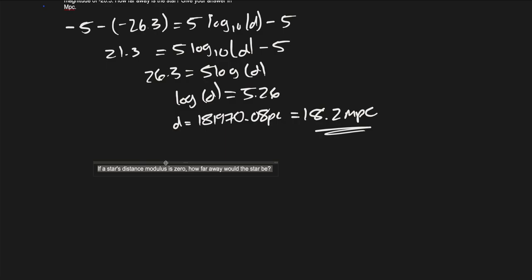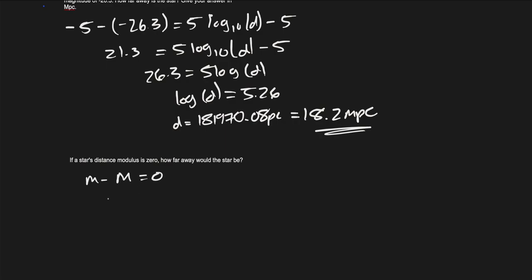If a star's distance modulus is equal to 0, then how far away will the star be? So we know that the distance modulus is 0, so small m minus big M is equal to 0. And we know that this is also equal to 5 log of d minus 5.